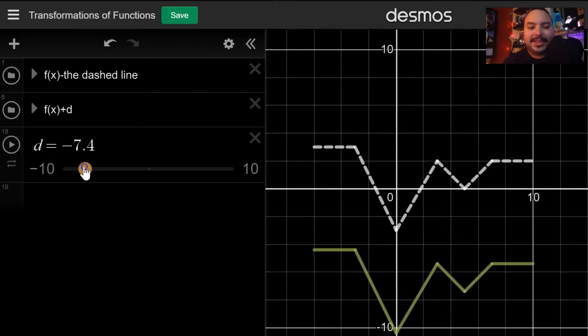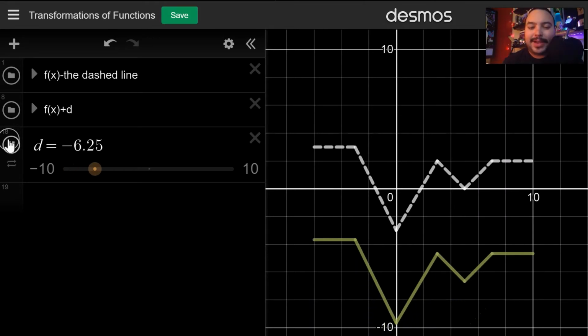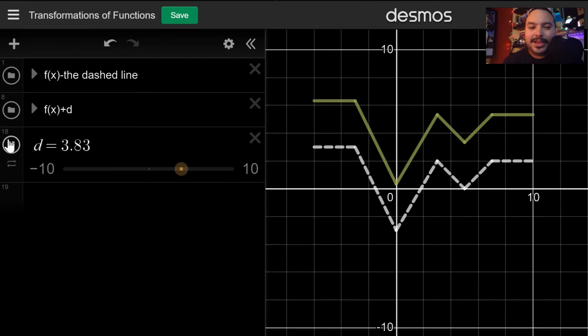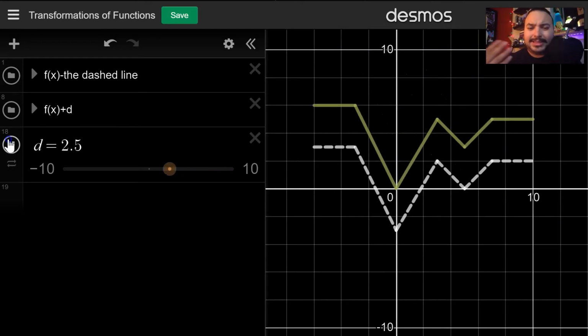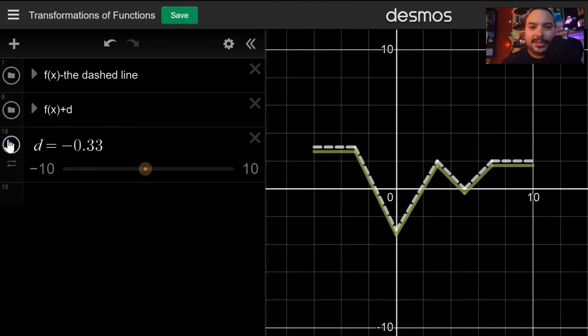In this case, I can move it all the way down to -10, and now every point on our highlighted graph is 10 units below each one of these points. And if I hit the little slider button, you guys can see how it changes as the value of d changes. So now let's take a look at our next vertical transformation.